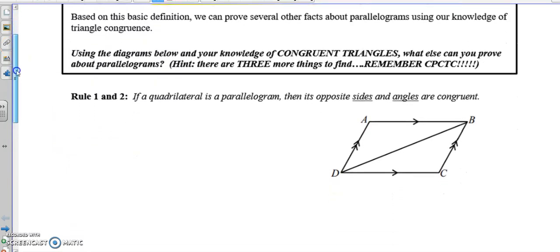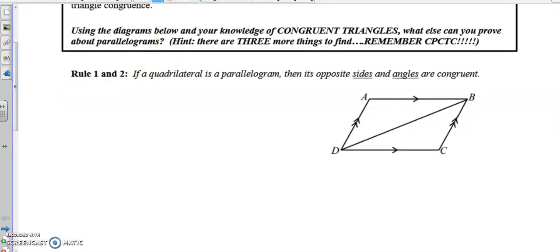So in this diagram below, we're going to use our knowledge of congruent triangles to prove a bunch of different things about these parallelograms. So remember CPCTC. I don't want you to write this, but on the side of my paper, I'm going to draw a couple triangles. So if I know this triangle is congruent to this triangle, those don't look congruent, but I'm going to mark them in as congruent.